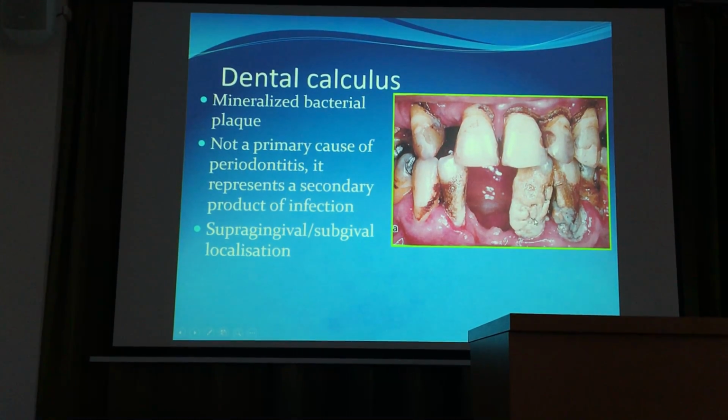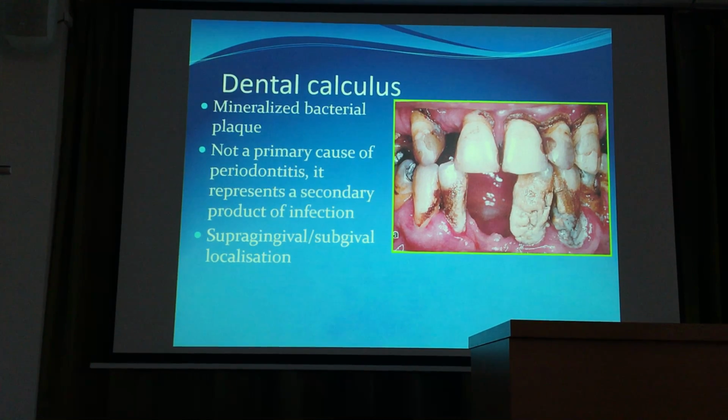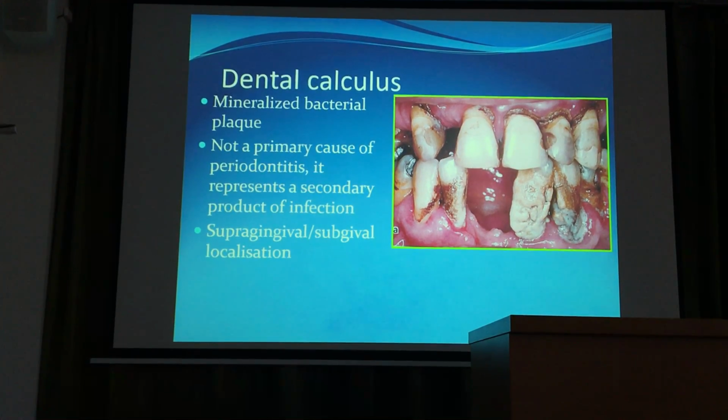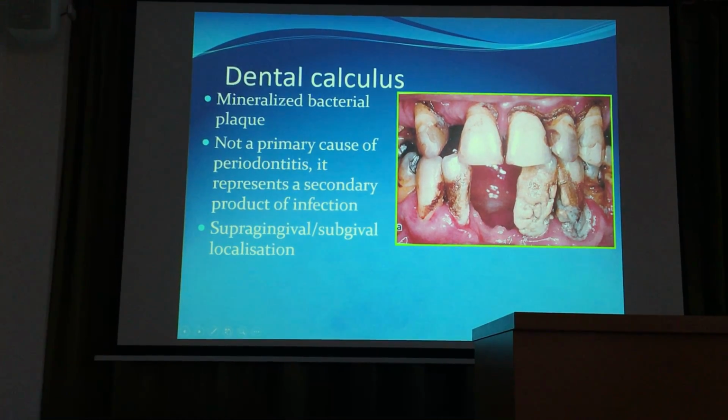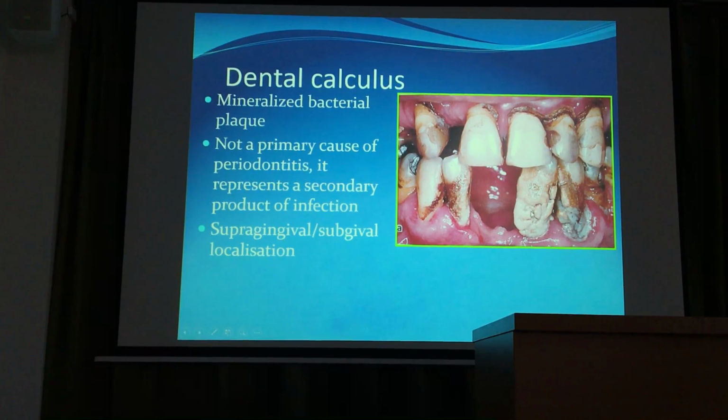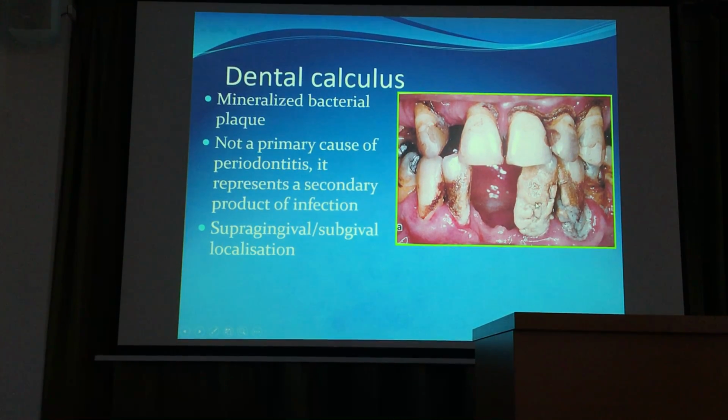It's not a natural product in the oral cavity, because you should understand one important thing in the third year. The dental calculus is necessary to remove from the oral cavity because the surface of the calculus is always rough. If you compare, the tooth surface is smooth, the calculus surface is rough.